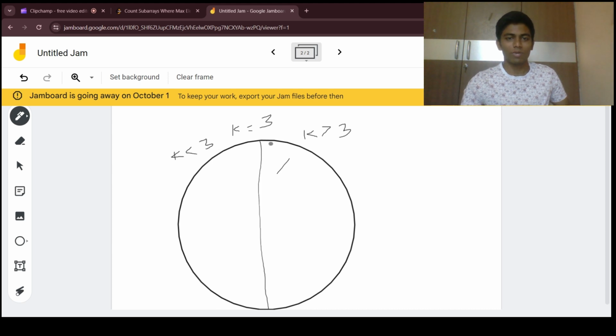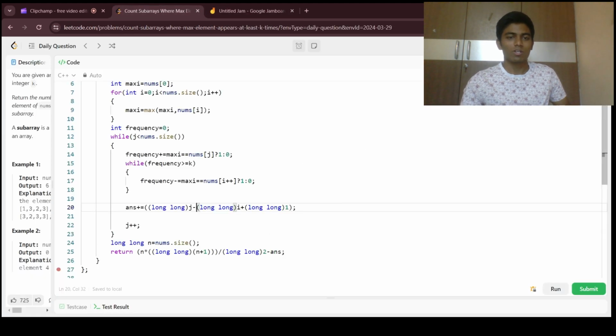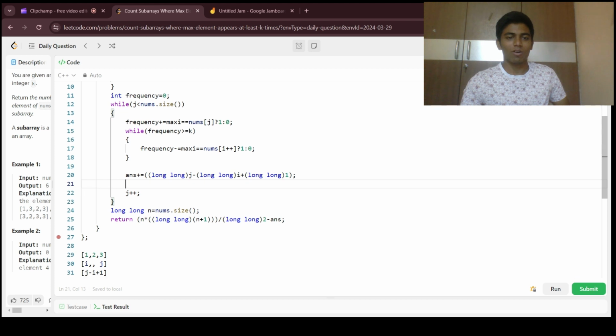Now we need to find this particular part. Instead of calculating this case directly, we take the whole, and after taking the whole, we remove this particular thing, so that we get only this. That's why we take all the number of subarrays and reduce it by the answer.